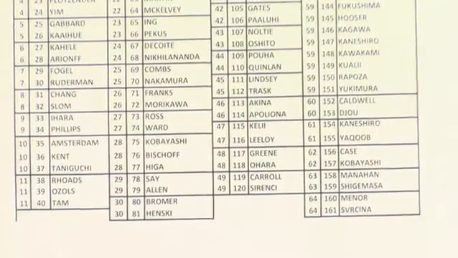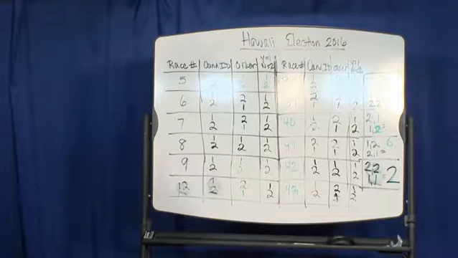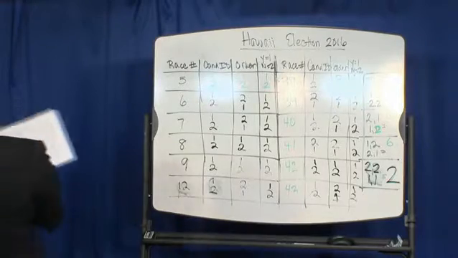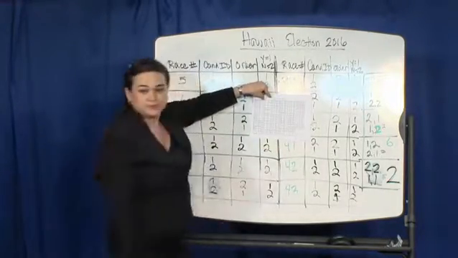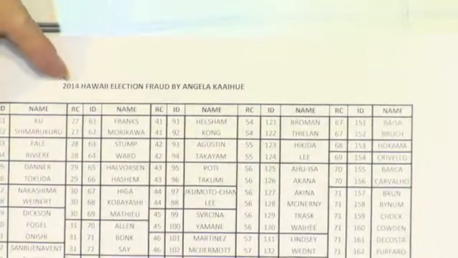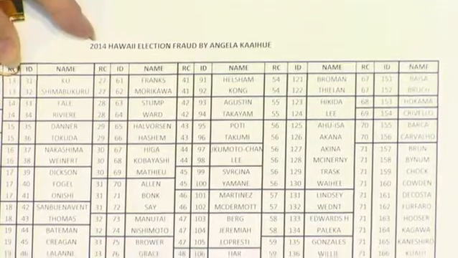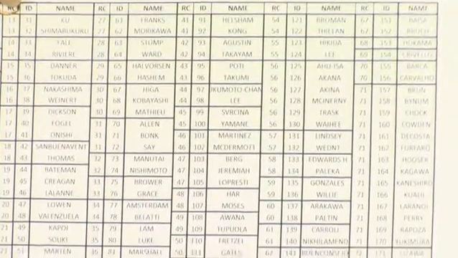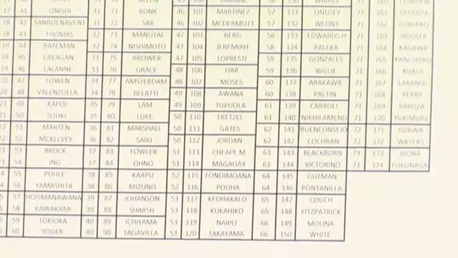This compared to, let me show you another one, 2014. Here's 2014. This is 2014, a list of names and their ID numbers in alphabetical order.